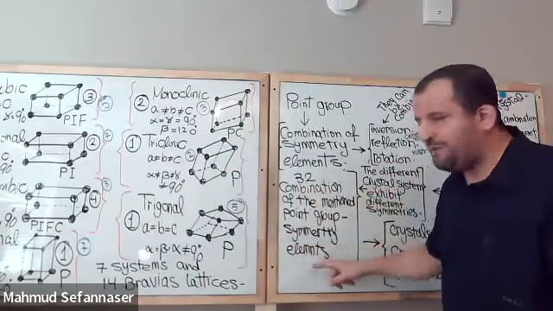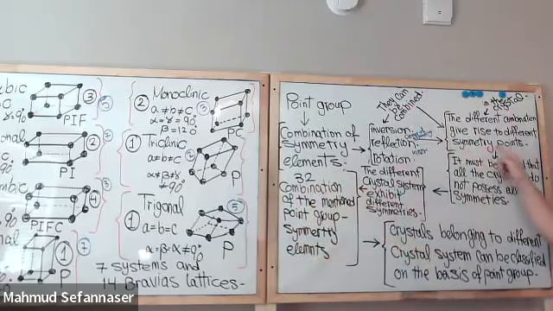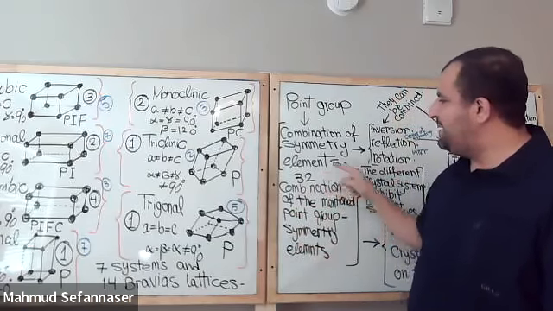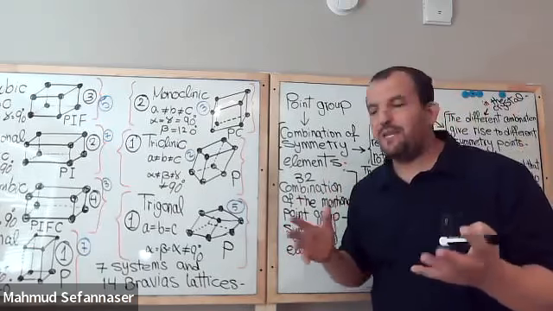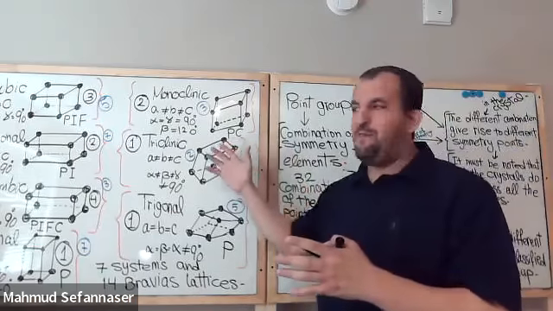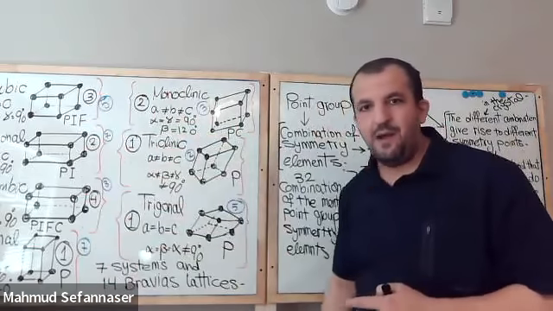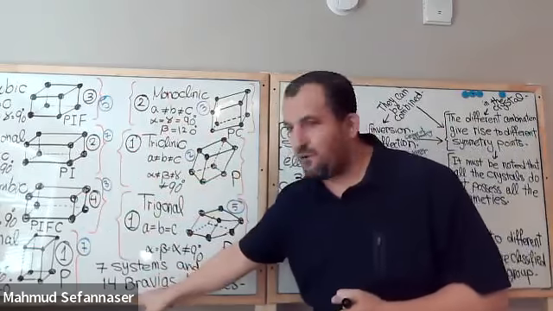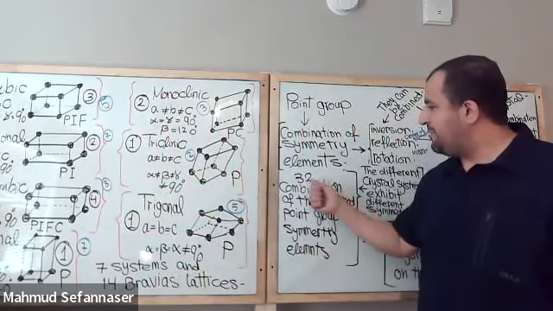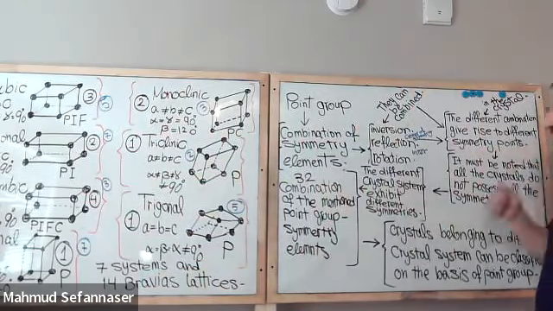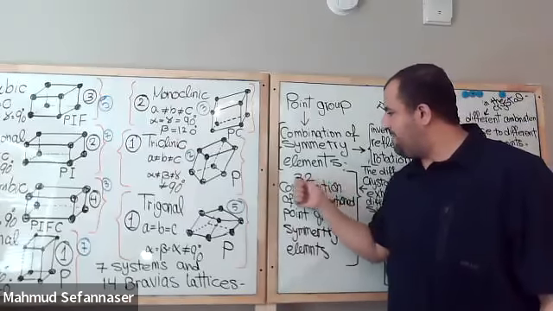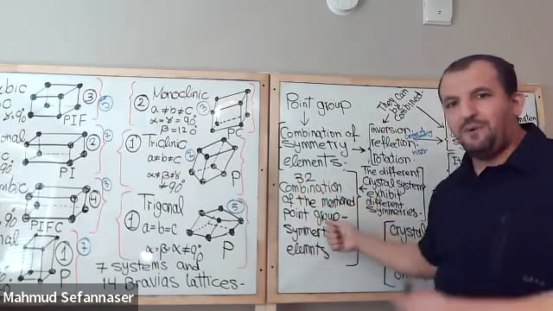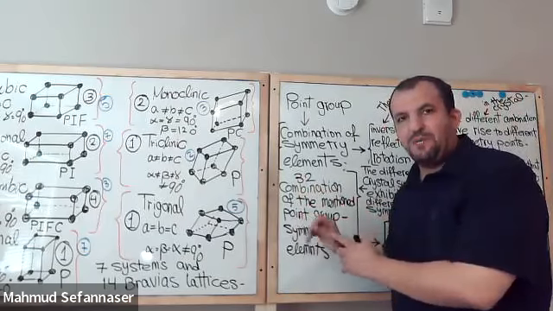Also, before we explain what the symmetry points are, we need to talk about how many combinations we can have under this number of crystal systems and this number of Bravais lattices. So how many combinations of symmetry points do we have? Actually, guys, we have 32 combinations of the mentioned symmetry elements.